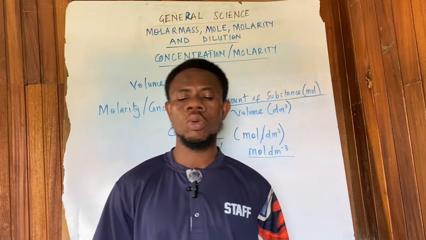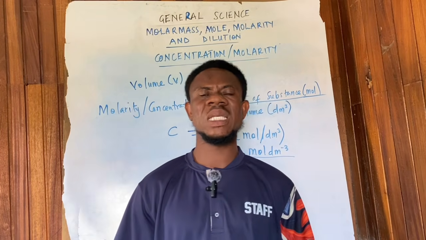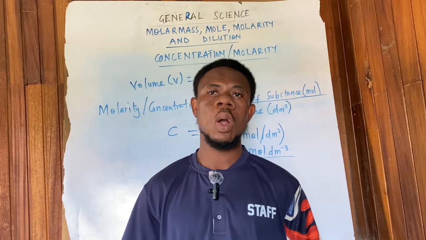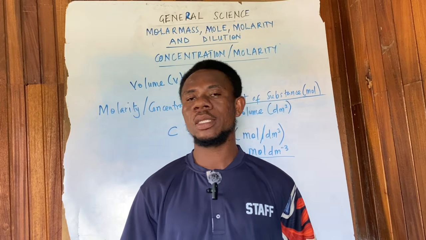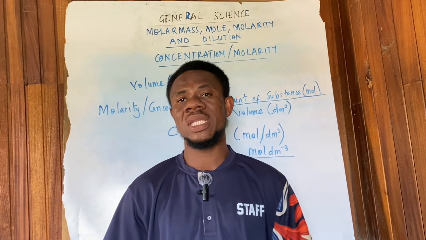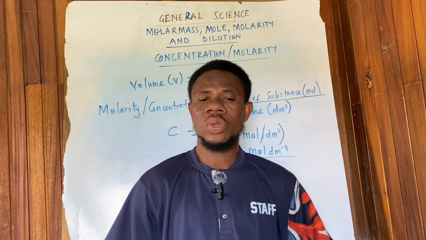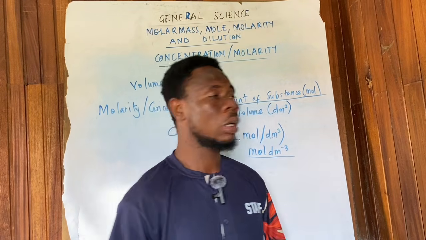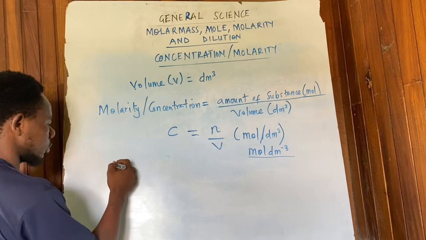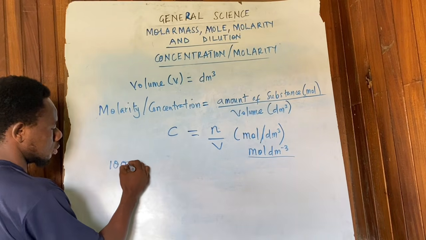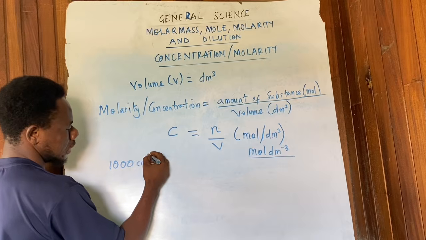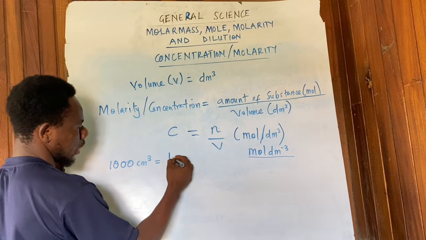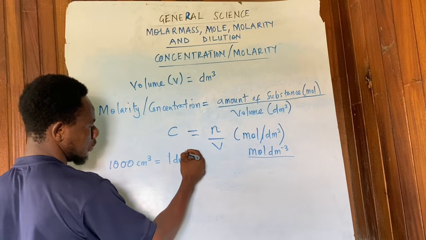Okay, so if we want to change from either centimeters cube to dm cube, or milliliters to liters, now this is the conventional unit we are going to use. Now we know that 1000 centimeters cube is equals to 1 dm cube.